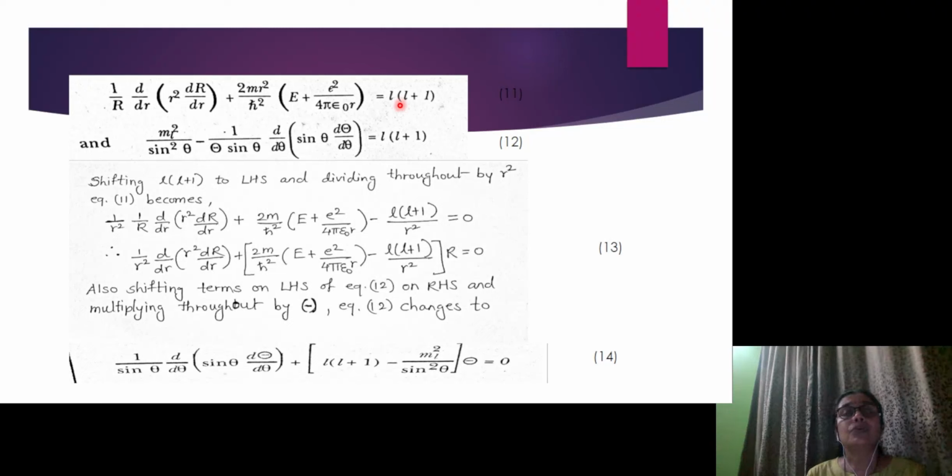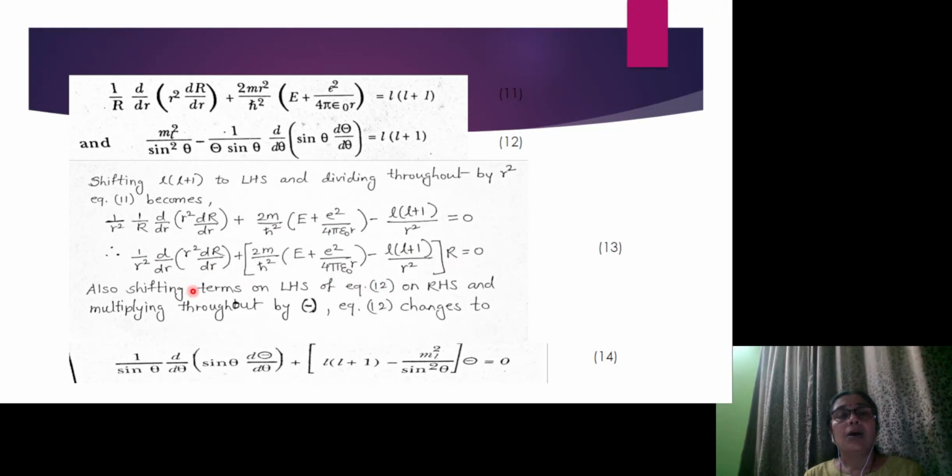If we do this, then 1 upon r square into 1 by capital R d by dr of r square dR by dr plus 2m upon h cross square into E plus e square upon 4 pi epsilon 0 r minus L into L plus 1 upon r square is equal to 0. Just multiply this particular equation by capital R. So we get this equation number 13. You can see we have just multiplied throughout by capital R.